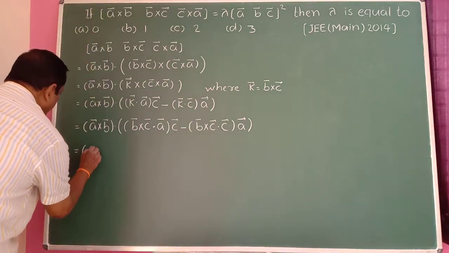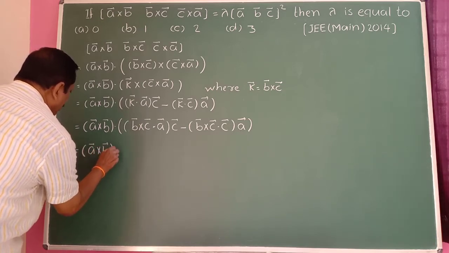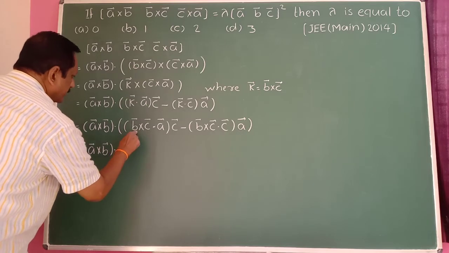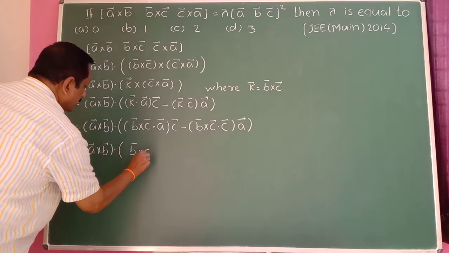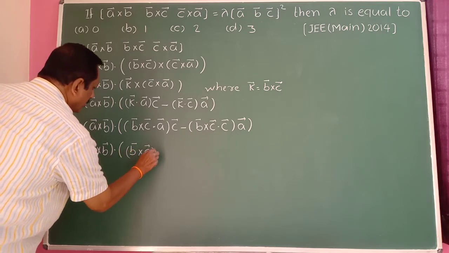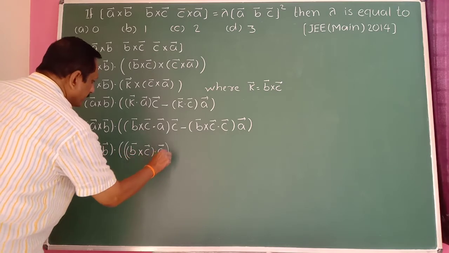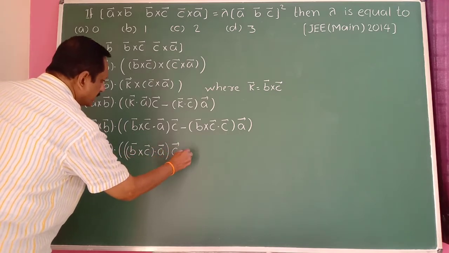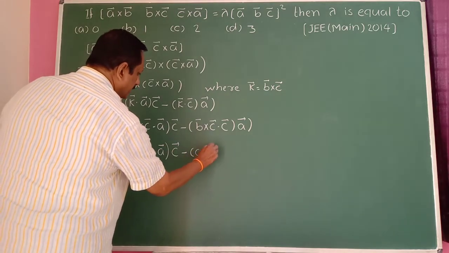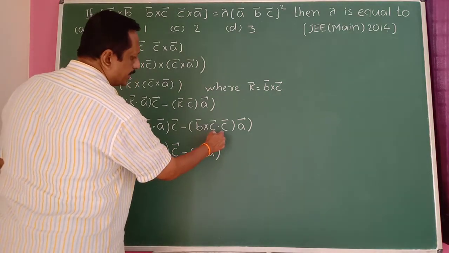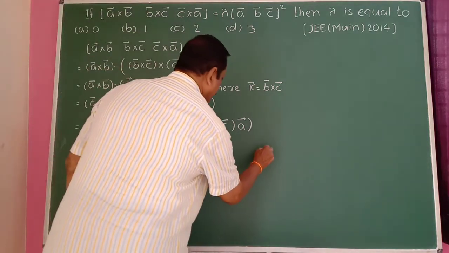This can be written as A bar cross B bar dot, B bar cross C bar dot A bar into the vector C bar, minus 0 into the vector A bar, because two vectors are identical, hence the scalar triple product becomes 0.